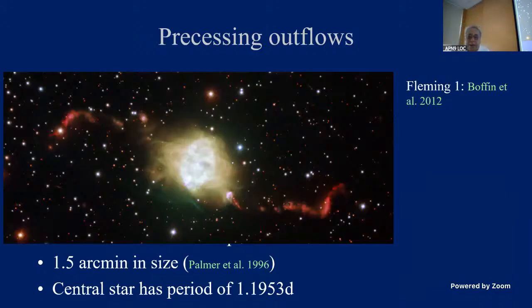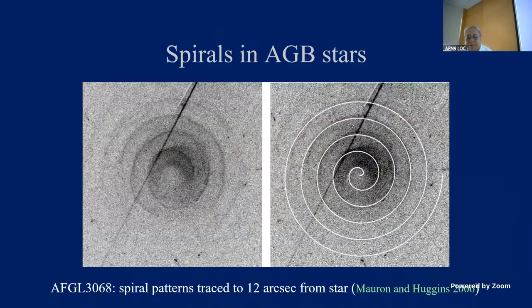Now, furthermore complicated, there are these kinds of precessing outflows extended to a very large degree over the sky. This one is 1.5 degrees, and this kind of spiral we now know, and we'll hear more about in this meeting, can be imaged in the envelopes of asymptotic giant branch stars, these spiral patterns.